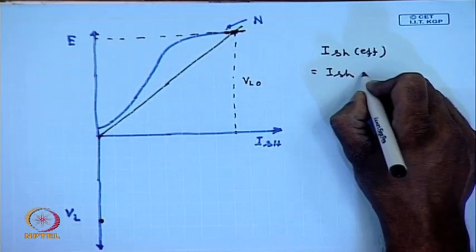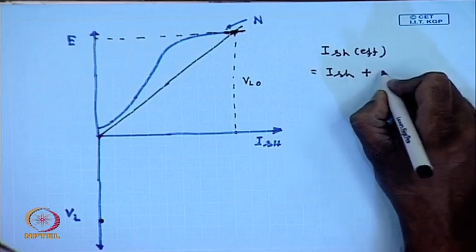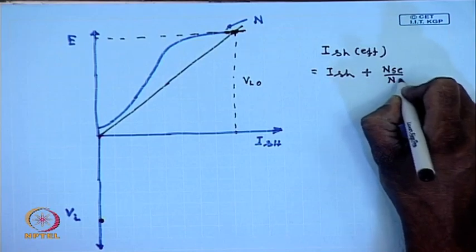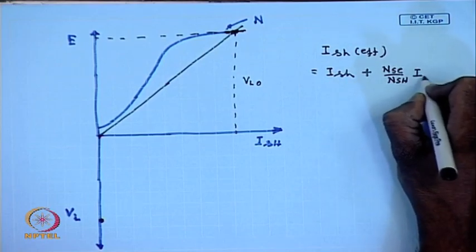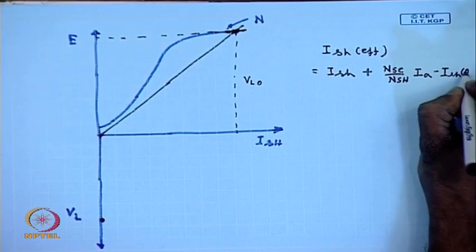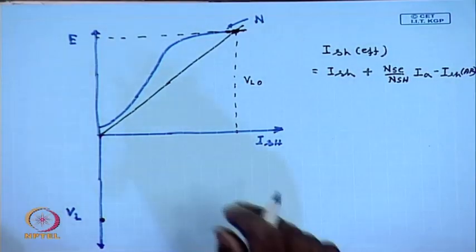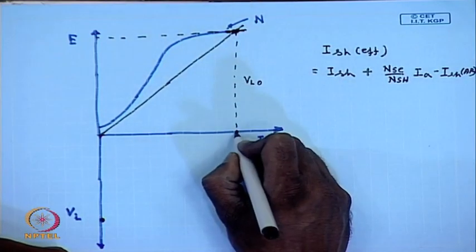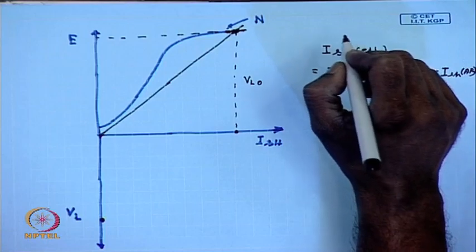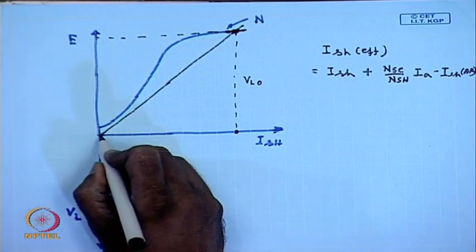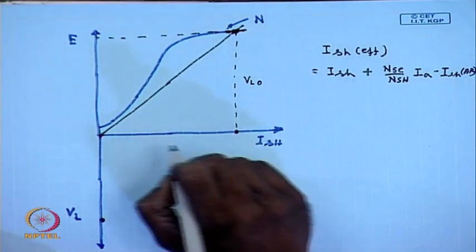For a cumulative compound generator, it will be plus NAC by NSH IA minus ISH armature reaction. So this is the actual field current, with which we should add the.